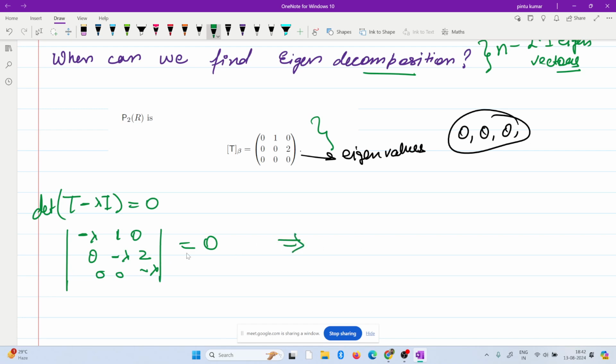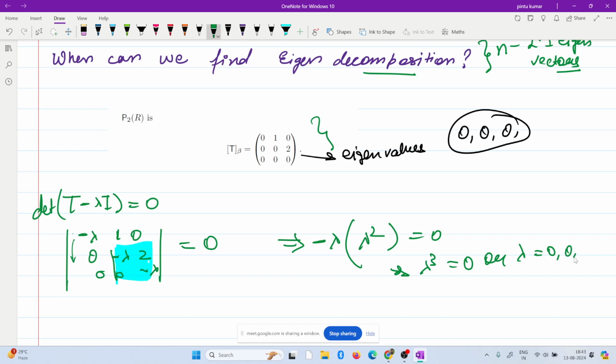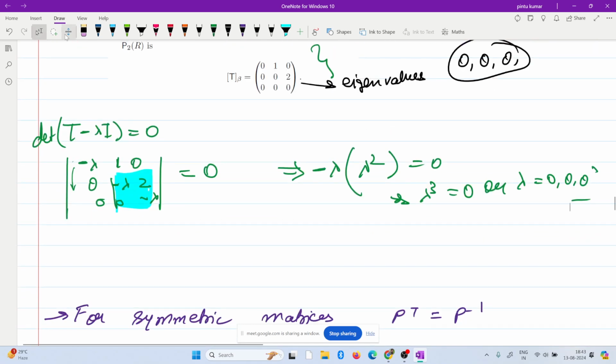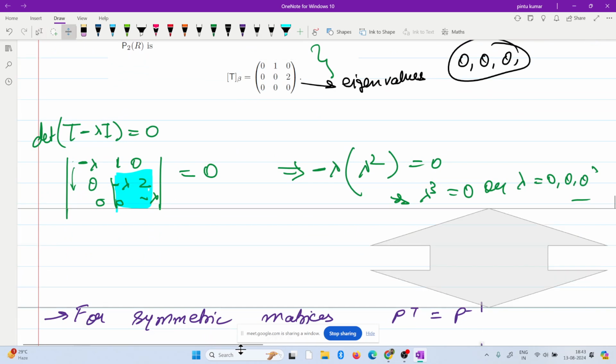So if you evaluate along this particular column, this is minus lambda times determinant of this small matrix, right? So again, this is lambda square is equal to 0. This means lambda cube is 0, or lambda is equal to 0, 0, 0, right? So we have eigenvalues which are repeated 3 times.